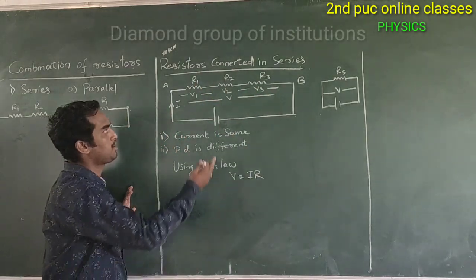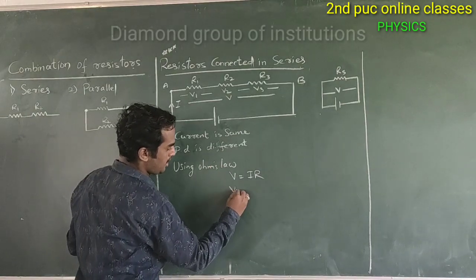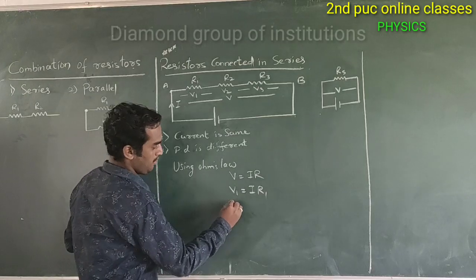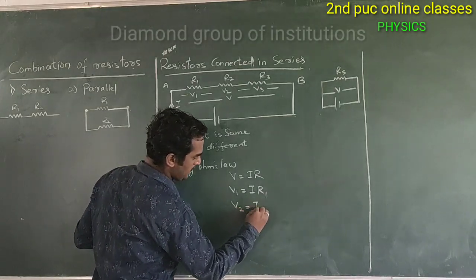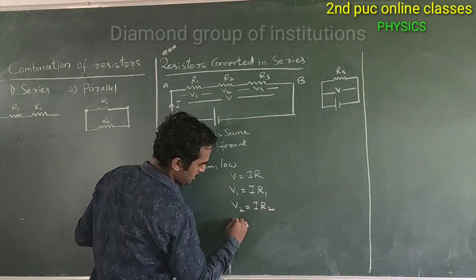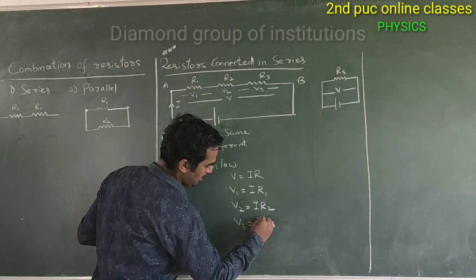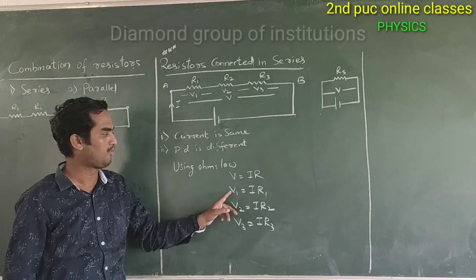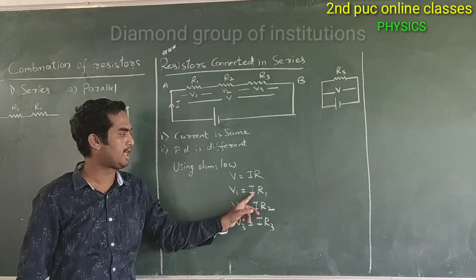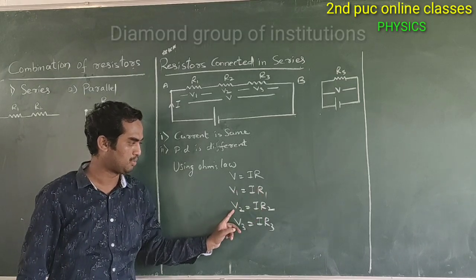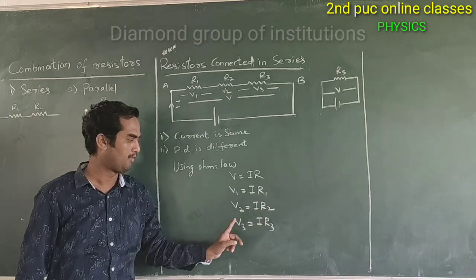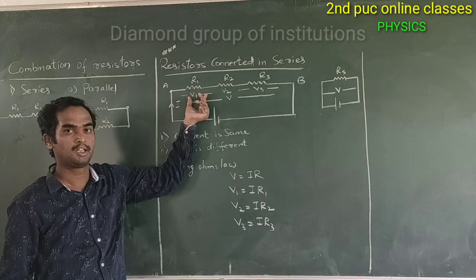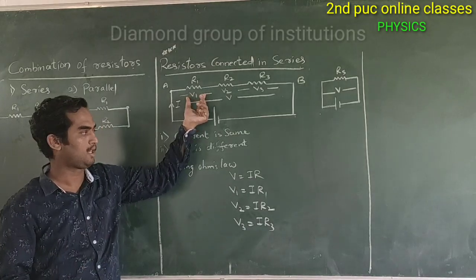So using the diagram, V1 equals I into R1, V2 equals I into R2, similarly V3 equals I into R3. That means across each resistor the potential difference is divided.